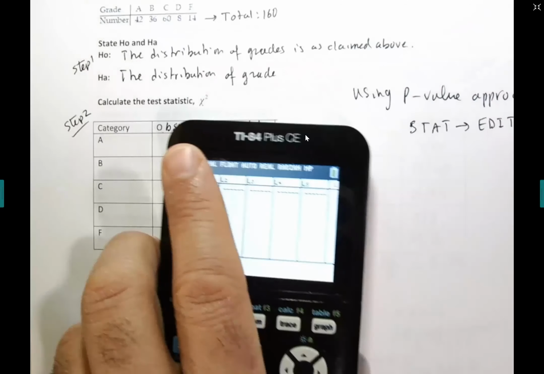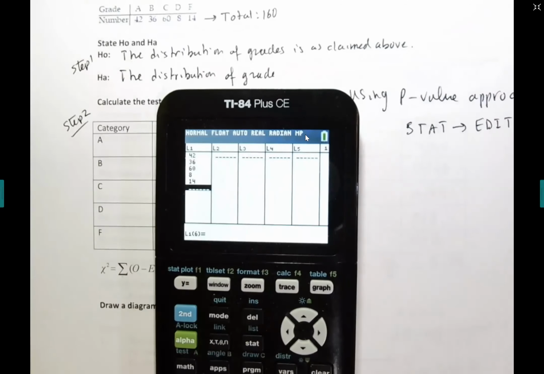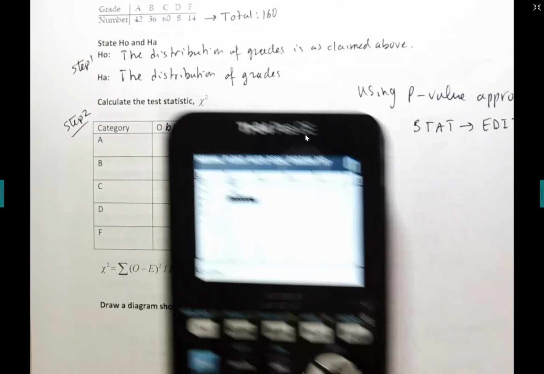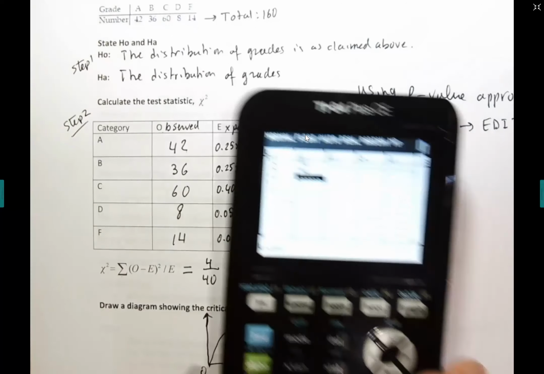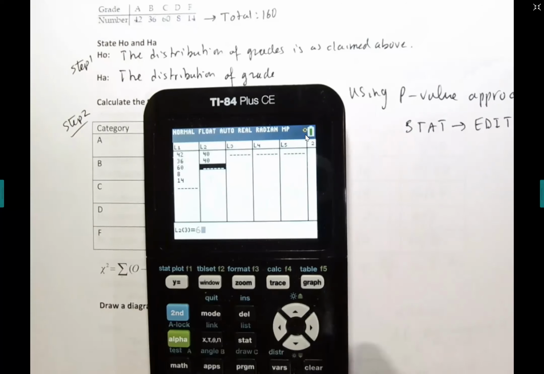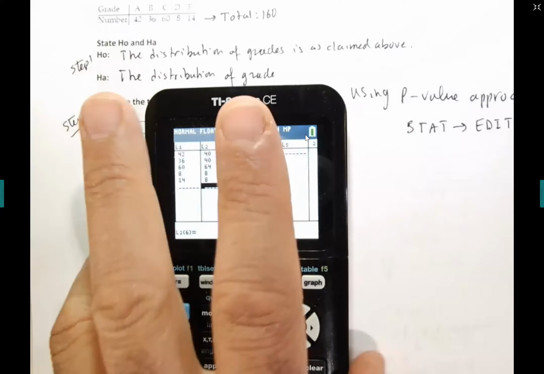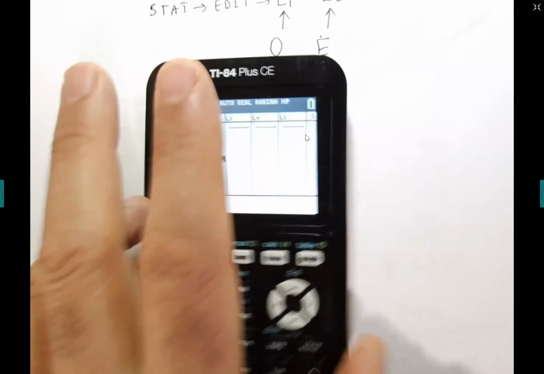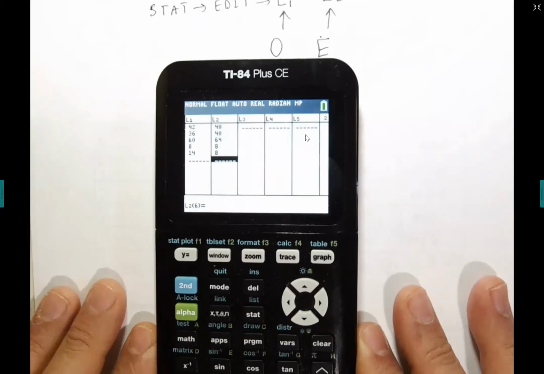So 40, 40, what did we say? 64, 88. All right, I'm done with the handout there. This is all I need.